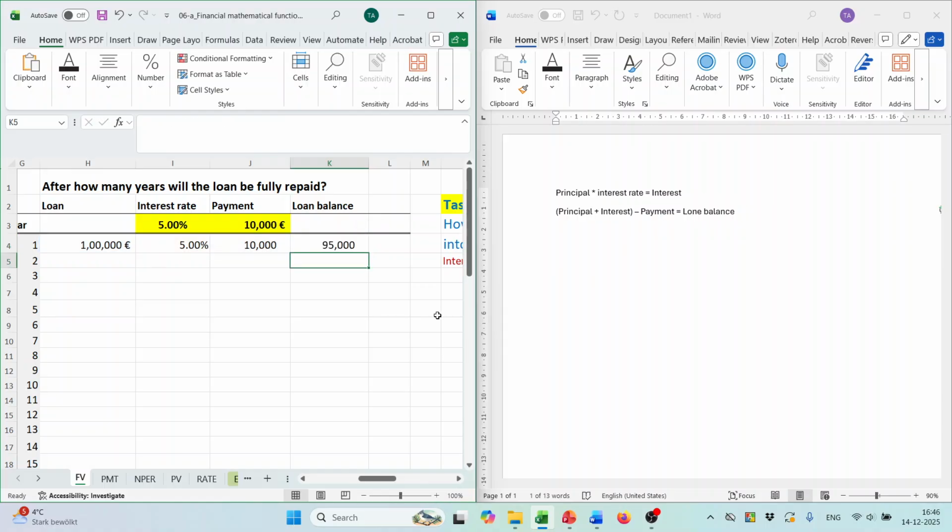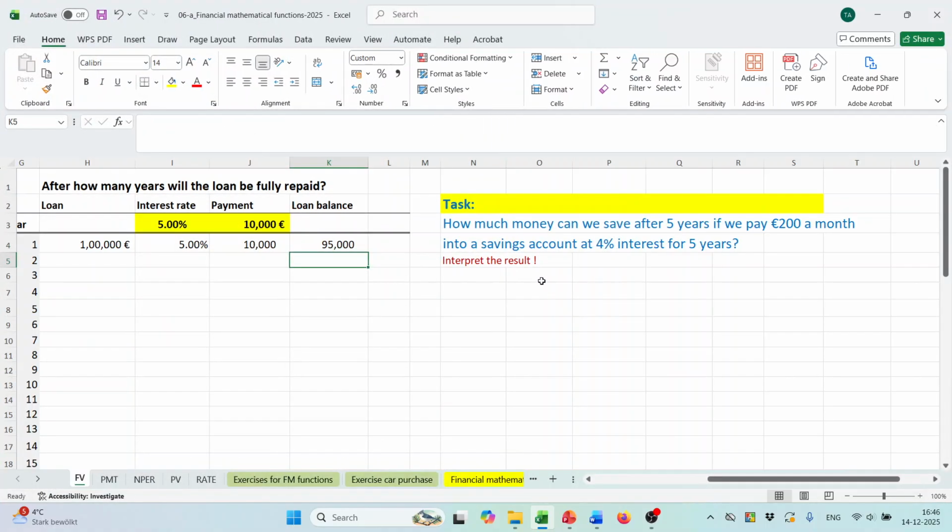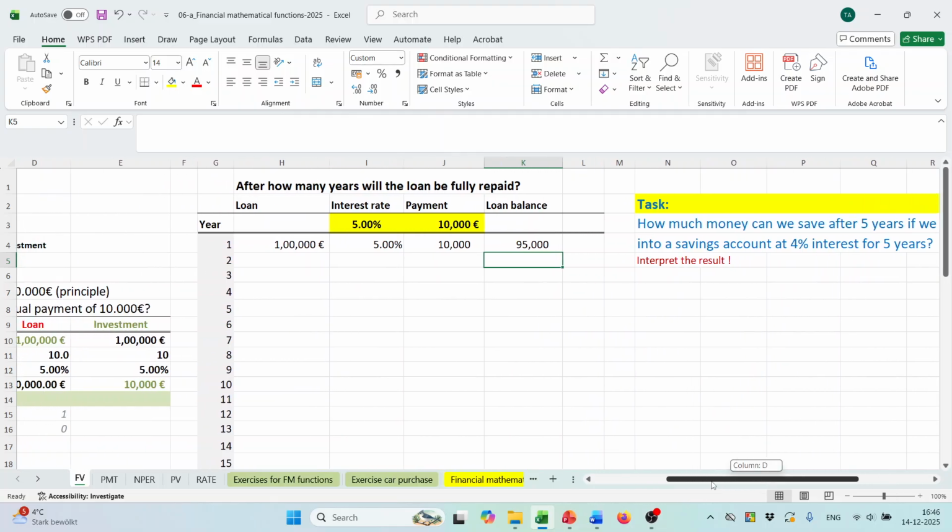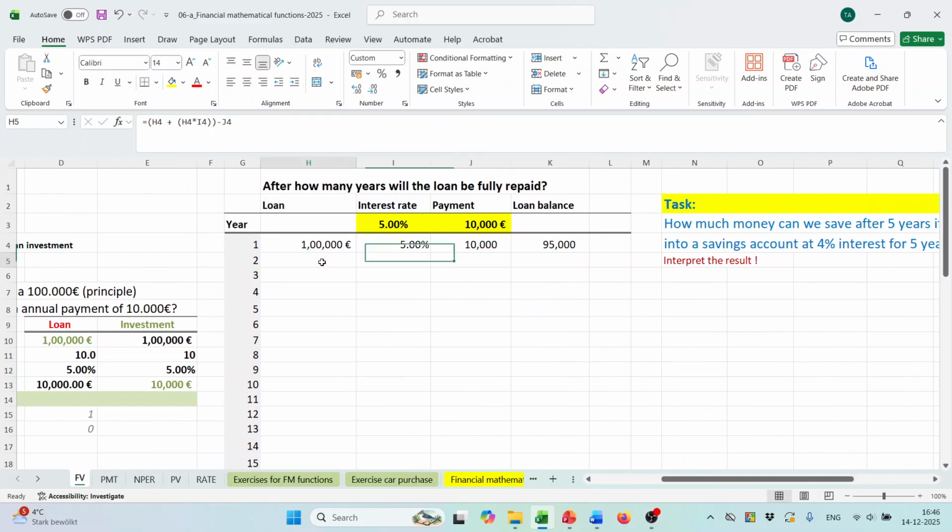What we get is our loan balance, and this loan balance will be the loan for the second year.